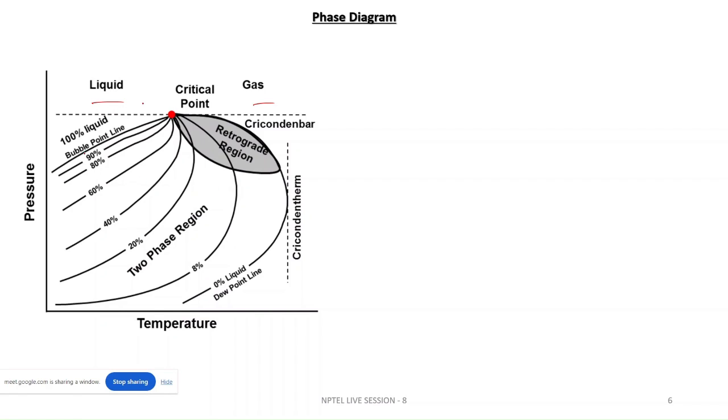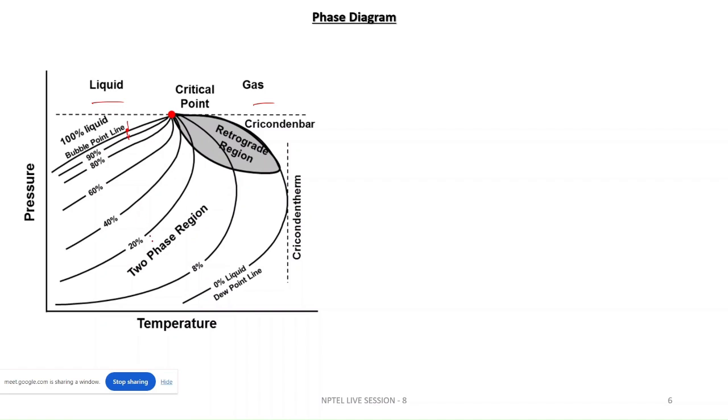So this is the phase diagram. These are the tie lines you can see. This is the bubble point line, while in this region it is 100% liquid. From this liquid, when it reaches the bubble point curve, the first gas bubble will form. When it comes to this line, there will be 90% liquid, 10% gas.